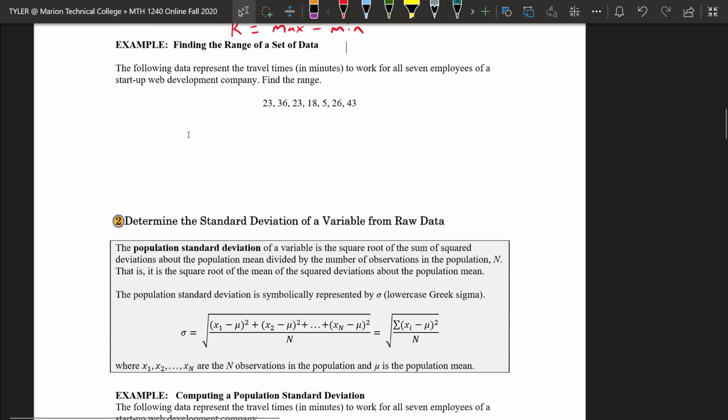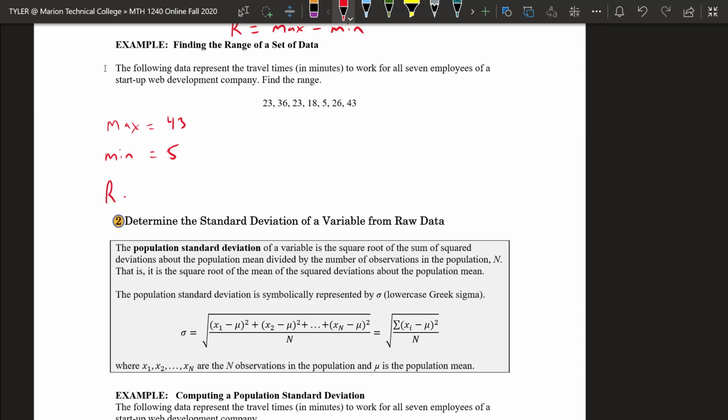Right, so this next example is a data set we've been working with in the last section. These are the travel times in minutes to work for all 7 employees of a startup web development company. So we're asked to find the range, right? So first we want to identify what's the max and what's the min. The max here is 43 and the minimum is 5.